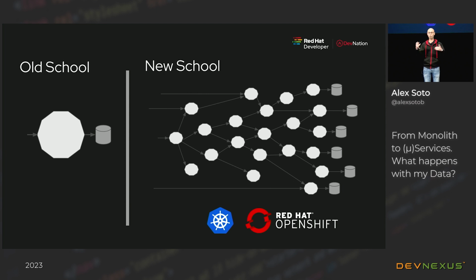And since we want to deploy super fast, now we've got Kubernetes. Kubernetes is the de facto platform for deploying our applications.